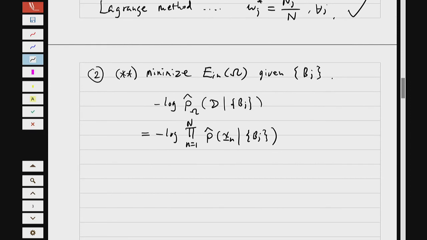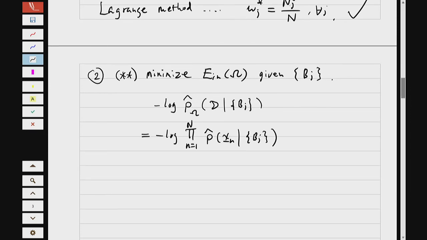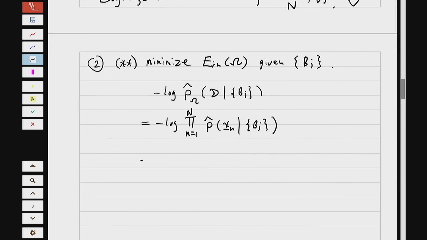So for this big product over all of the points, I'm going to do one more step. I'm going to group them into different bumps. So I first go over the bump j from 1 to k, and then within each bump, over xn in bj. Here I don't have to write bj anymore, because within the j's bump, I just write given j's bump. It's independent of other bumps, right?